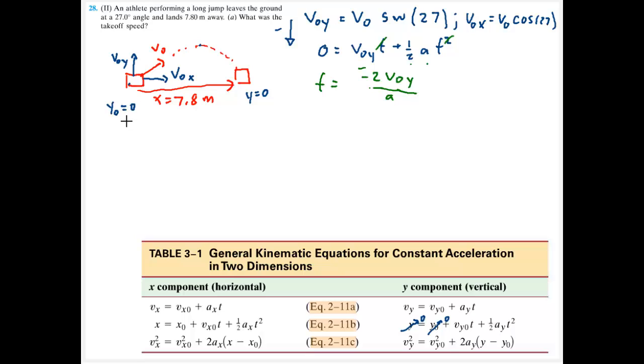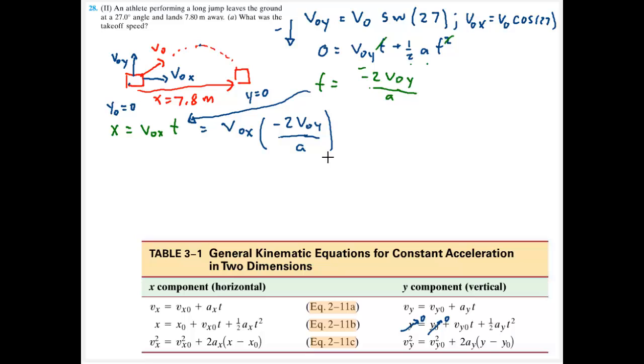In the x direction, I know that I can simply say that the position is going to be equal to rate times time, v naught x here, multiplied by time. This time is, again, shared between these two guys. I can take that time and plug it in right over there. So v naught x multiplied by negative 2, v naught y divided by a.